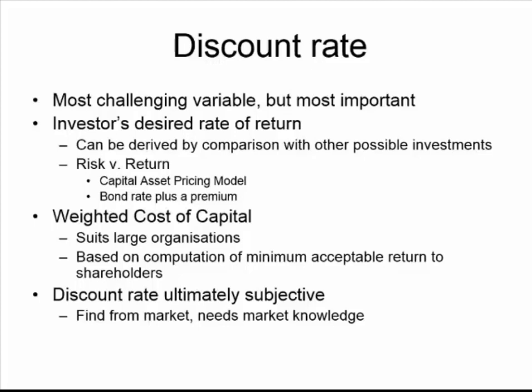Also, you can look at the comparisons between the property returns and other returns. What's property investment returning, say, in general compared to government bonds? And by looking at this comparable approach, you get a fair indication of what rate of return is going to be appropriate when you're analysing your property.